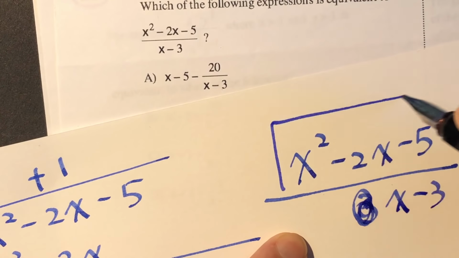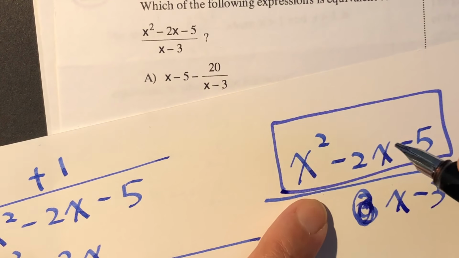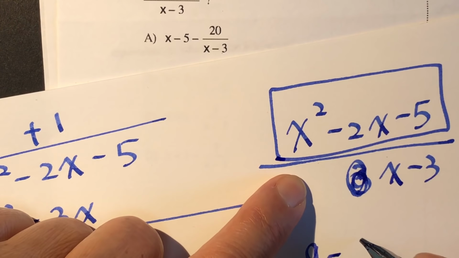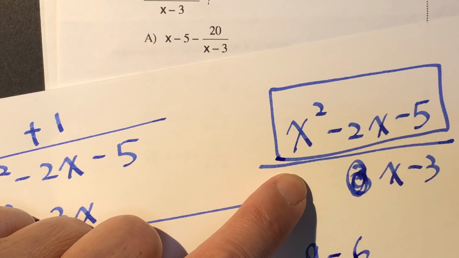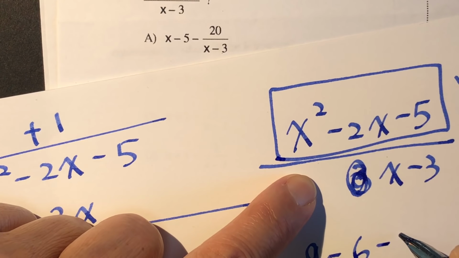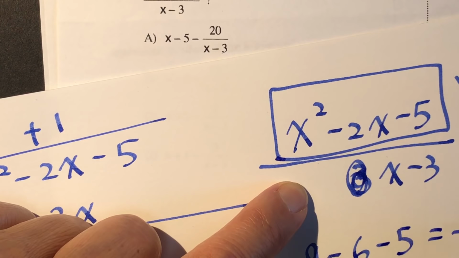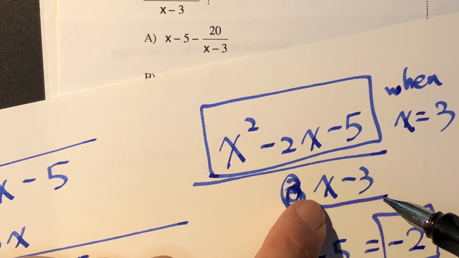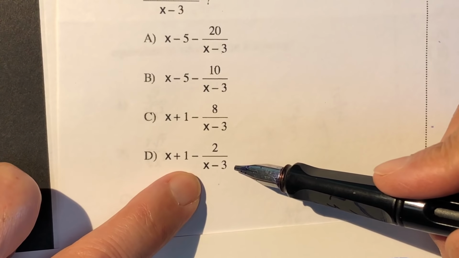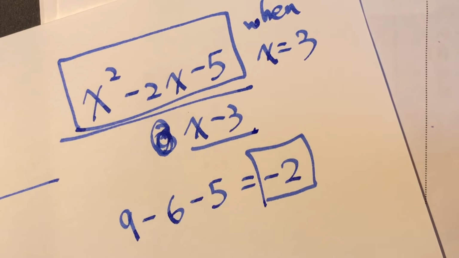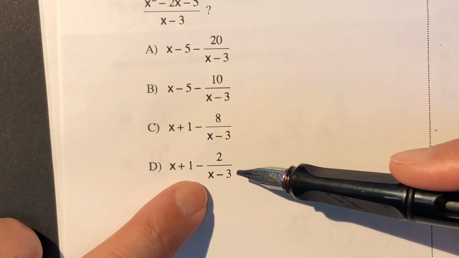You just try the above expression when x equals 3. 9 minus 6 minus 5 equals negative 2. So we know the remainder is negative 2 over x minus 3. So the remainder is negative 2. Did you see? And that is the answer.